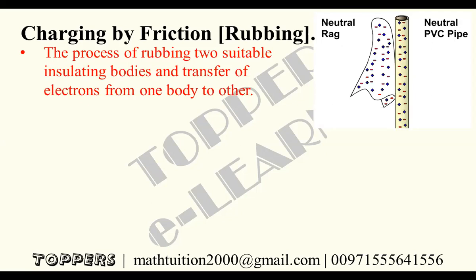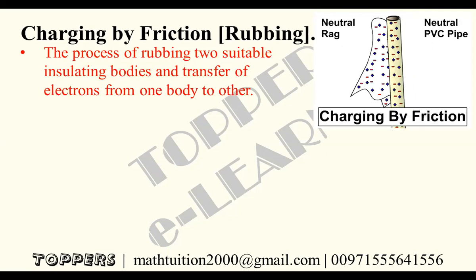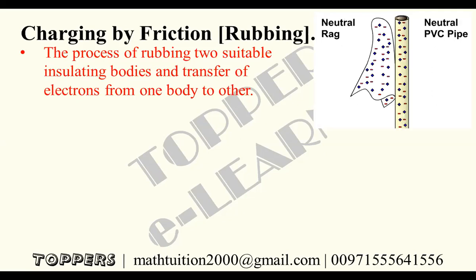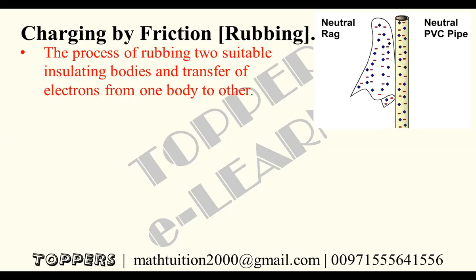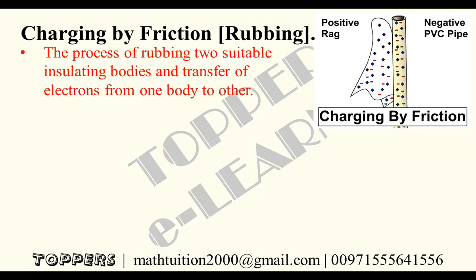What is the reason? Electrons from the neutral rag cloth are transferring to the PVC pipe. So the PVC pipe is gaining electrons, so it is becoming negatively charged. The cloth is losing electrons, so it is becoming positively charged. So this is what is charging by friction.